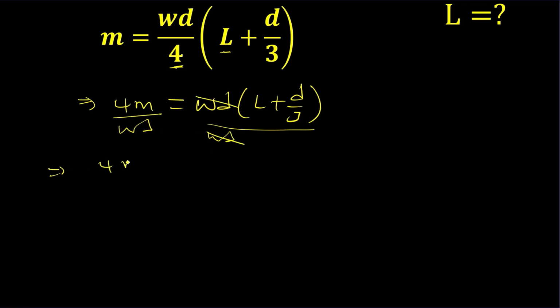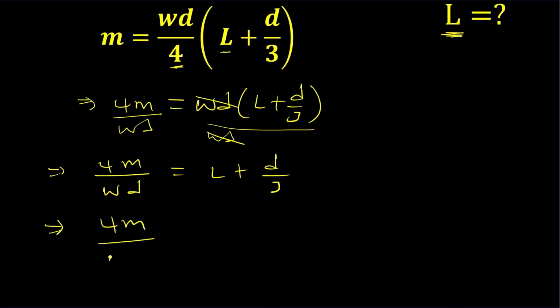So I have 4m over wd equals l plus d over 3. Since we have to make l the subject, I can say 4m over wd, so let me send this one to this side, so minus d over 3 equals l.